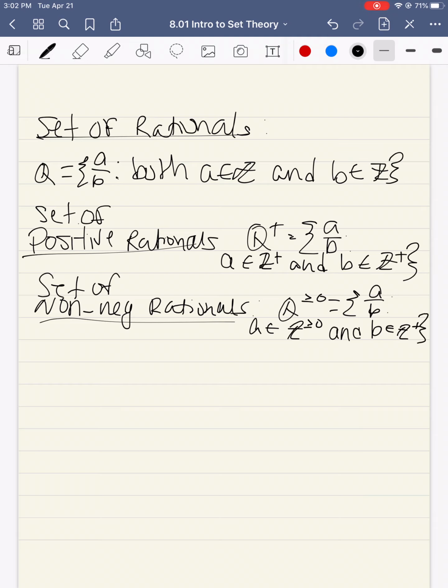So you may be looking at this and thinking, wait a second, why aren't a and b both part of the greater than or equal to 0 set of integers?